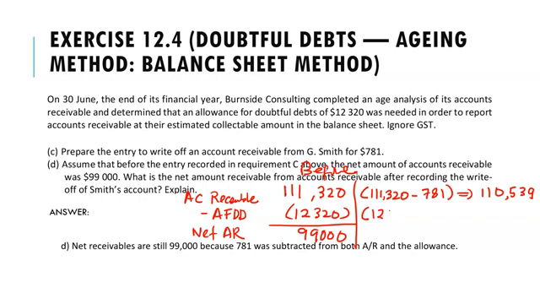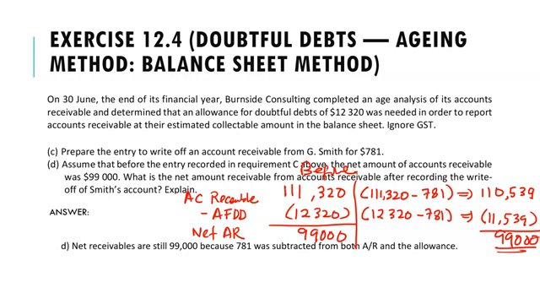What happened to your AFDD here? You're going to minus 781 as well. 12,320 minus 781 gives you 11,539. Your total net debtors will be 99,000.